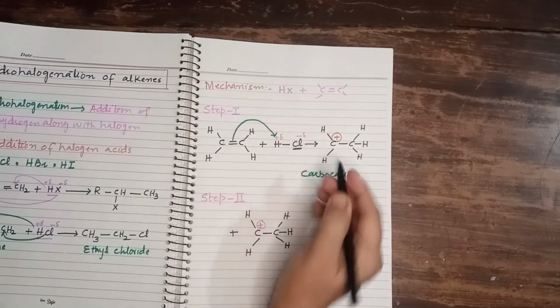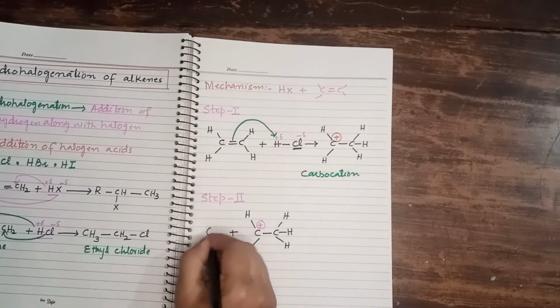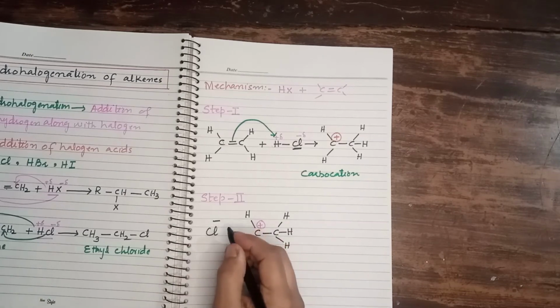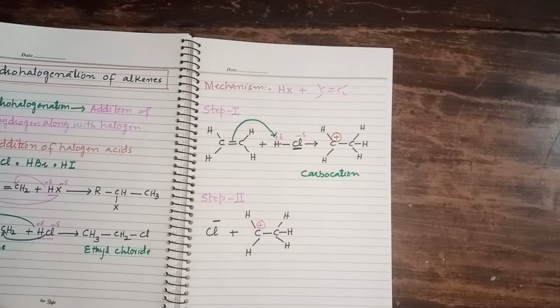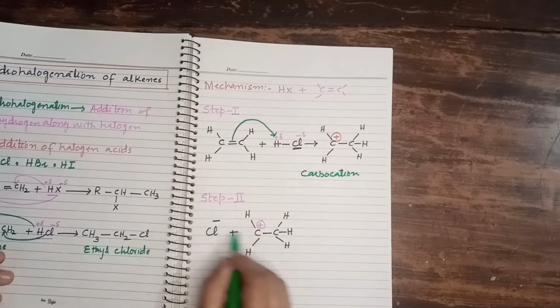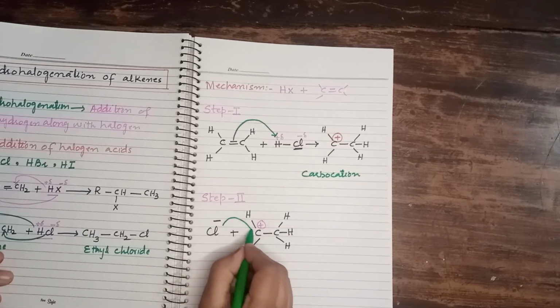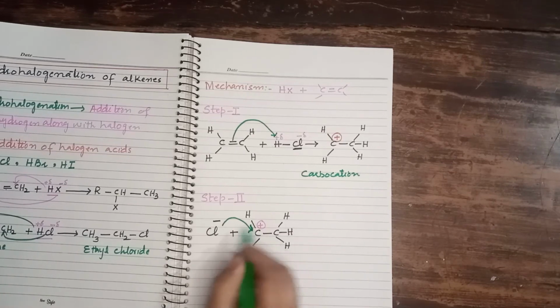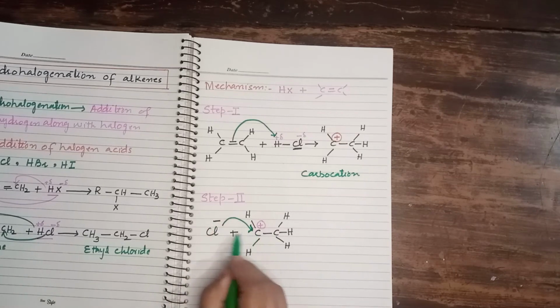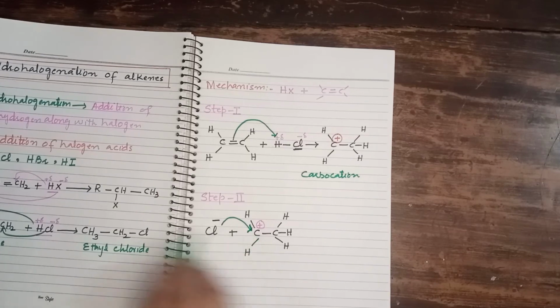We have the chloride ion here. Chloride is the halide ion. Now, with the help of its negative charge, this halide ion will attack this carbocation. The direction of the arrow shows the direction of transfer of electrons. So this chloride will form a sigma bond with this carbon.